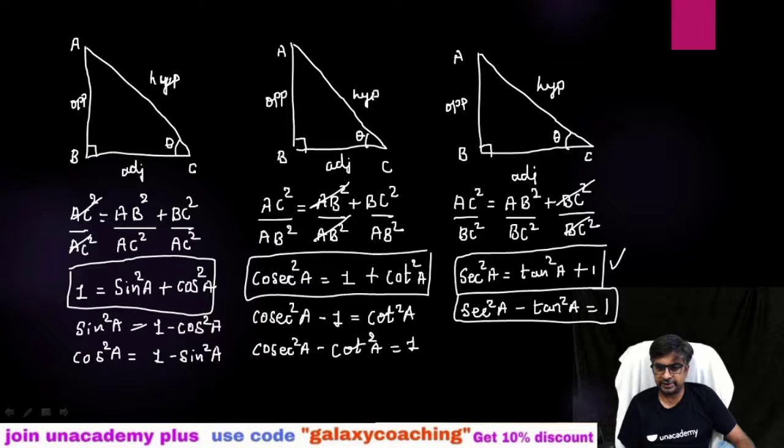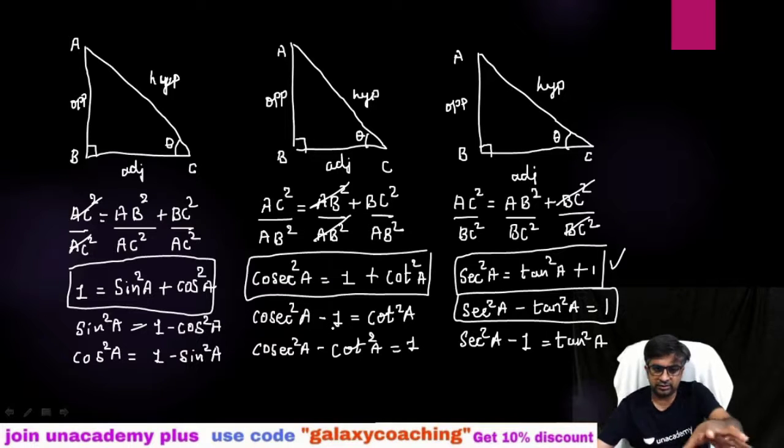This is the second identity from this. Now third one, sec square A, take this plus 1 on that side, minus 1 equals to tan square A. So this way you can derive the 9 identities, or you can say the 3 identities, with the help of Pythagoras, guys.